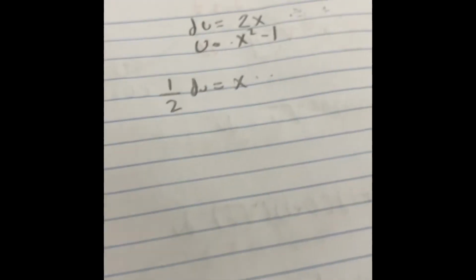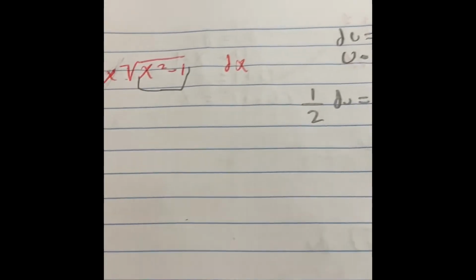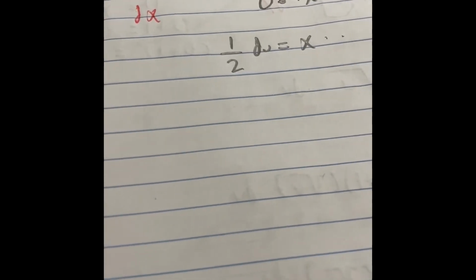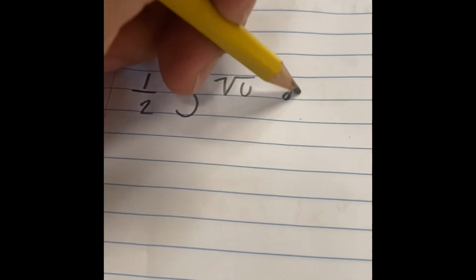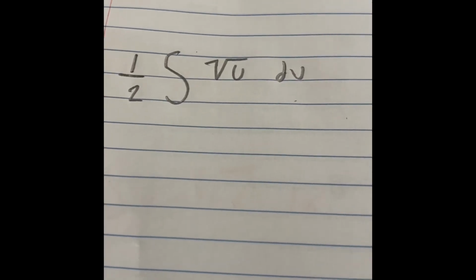So if we rewrite this integral in terms of u, it's going to look like this: 1/2 square root of u du. We don't put the x anymore because it canceled with the value of the u.